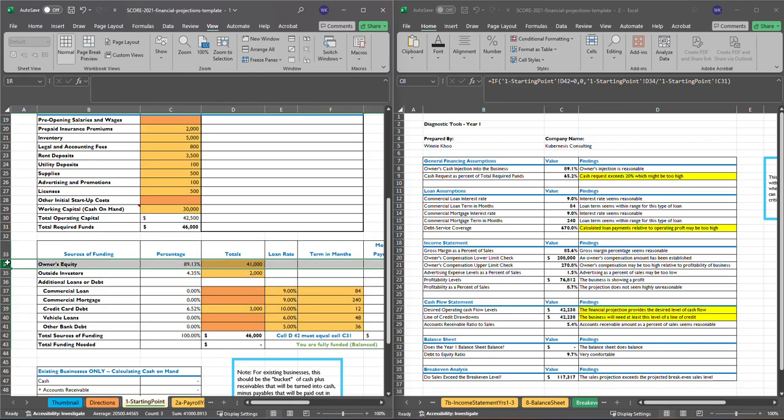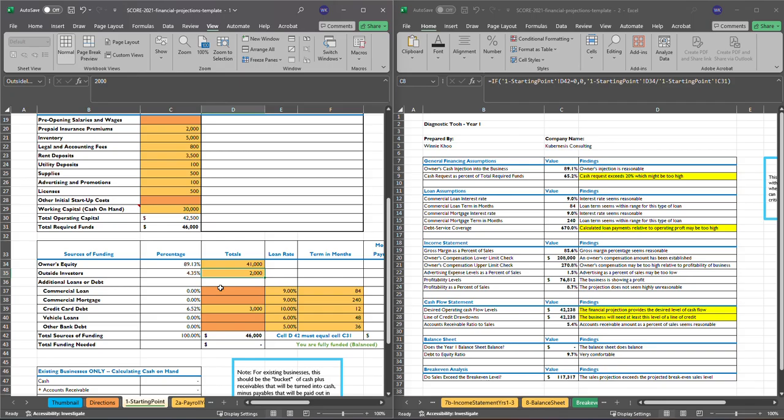Owner's equity here is basically what you as the owner are infusing into your business. If it's less than 20%, it might mean that you're giving away too much of your equity to outside investors, or you're taking on quite a lot of debt. And that is generally risky.